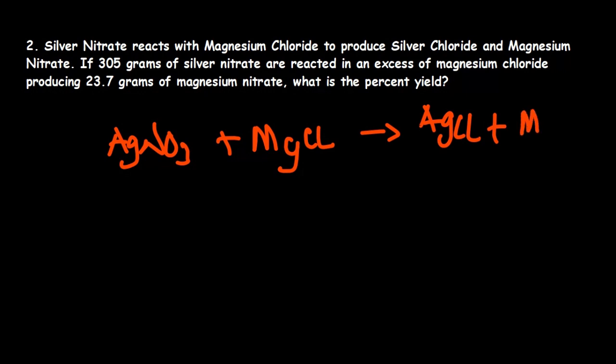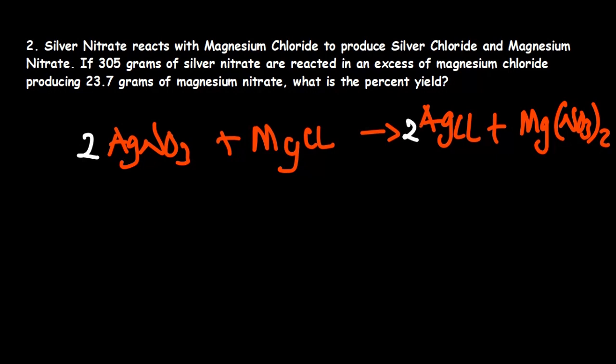Magnesium nitrate will be written like that. So this is the reaction that is occurring. What are we going to do? We are first of all going to balance this reaction. To balance it, we add a 2 there, and we add another 2 there.